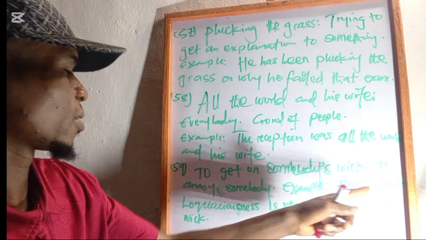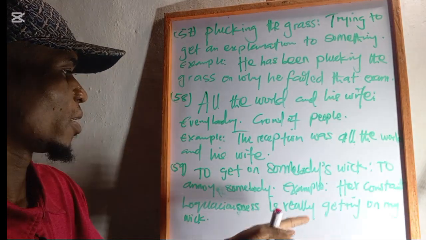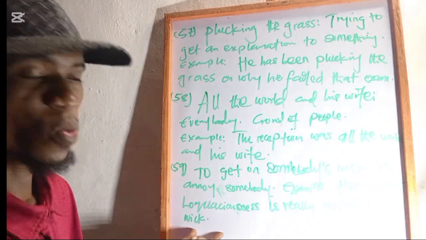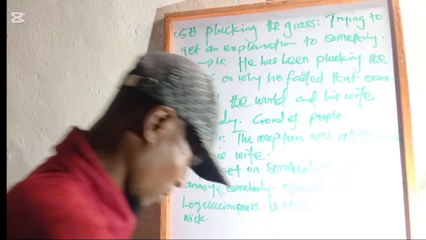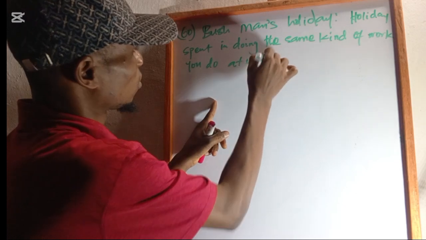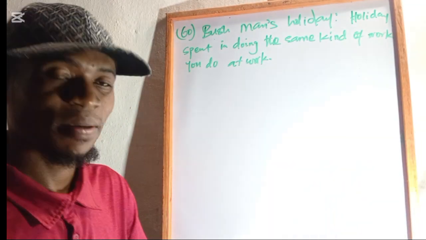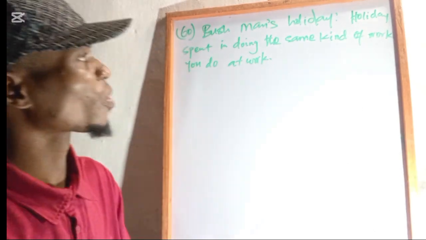Example: her constant loquaciousness is really getting on my nerve. So to get on somebody's nerve simply means to annoy somebody. This particular idiom is very paradoxical.